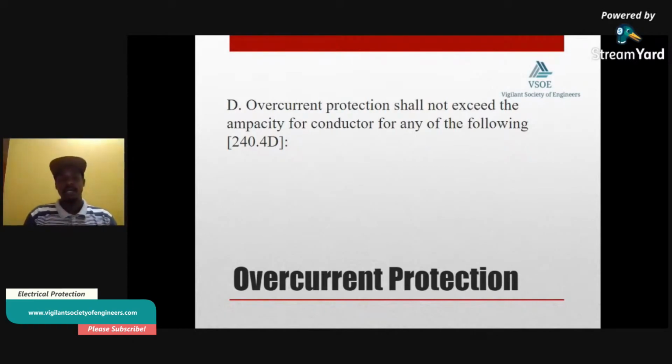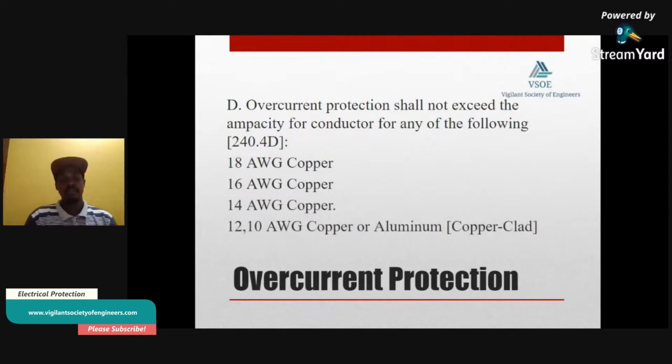When we talk about conductors in the range of 18 AWG copper, 16 AWG copper, 14 AWG copper, 12, 10 AWG copper, or aluminum or copper-clad, Figure 4, right, is an illustration of such conductors that we use at this requirement, right?